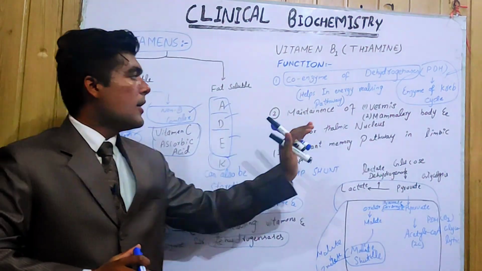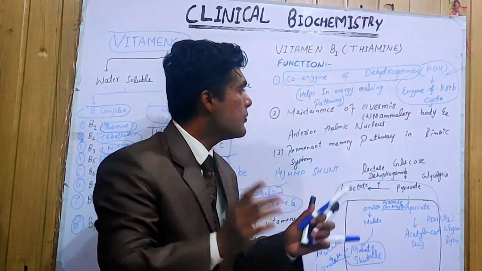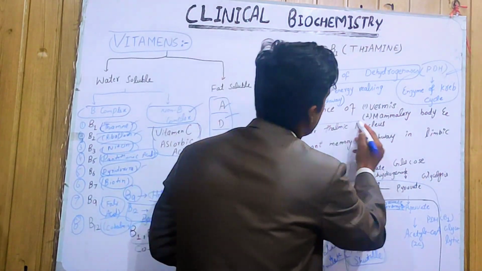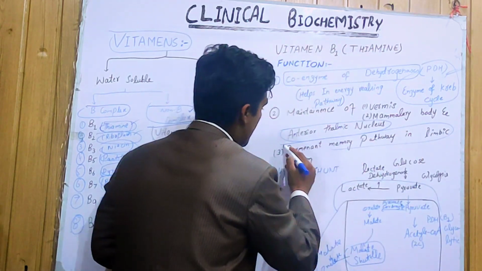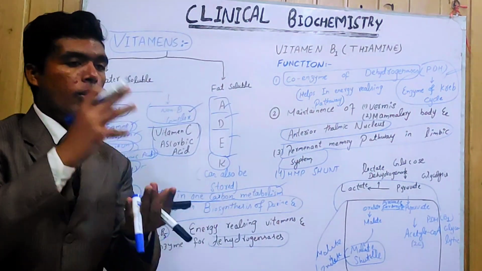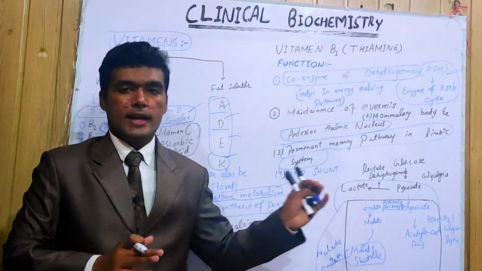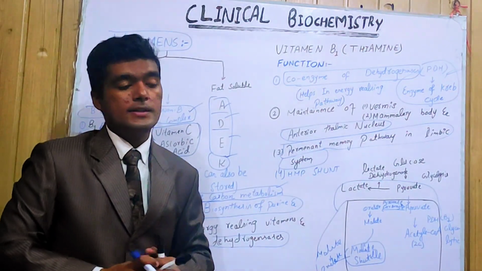The second function is maintenance of the vermis, maintenance of the mammillary body and anterior thalamic nucleus, and also the memory pathway in the limbic system. So it maintains all these. And in the HMP shunt, the hexose monophosphate shunt, it also has its role.